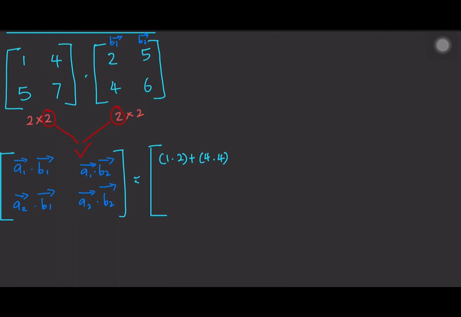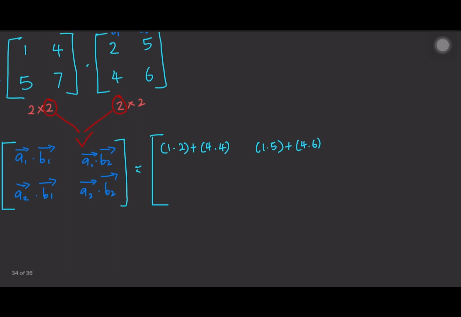Now, for the first row, second column: 1 times 5 plus 4 times 6. Third part: 5 times 2 plus 7 times 4. Finally, we get 5 times 5 plus 7 times 6.